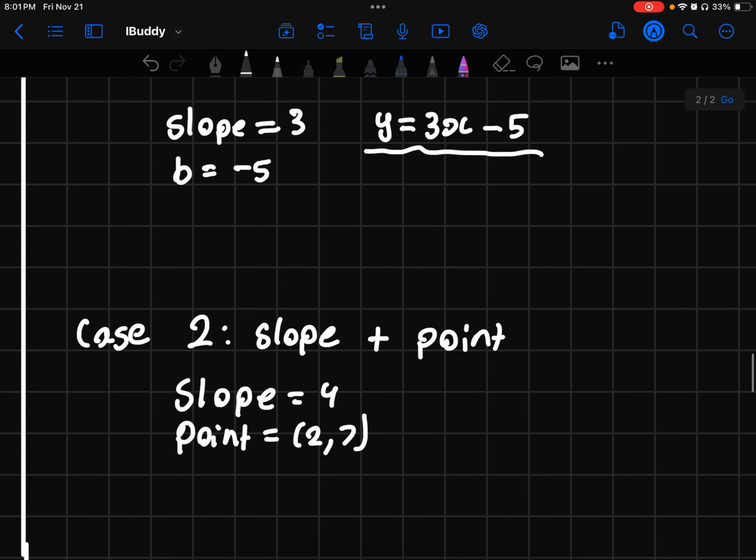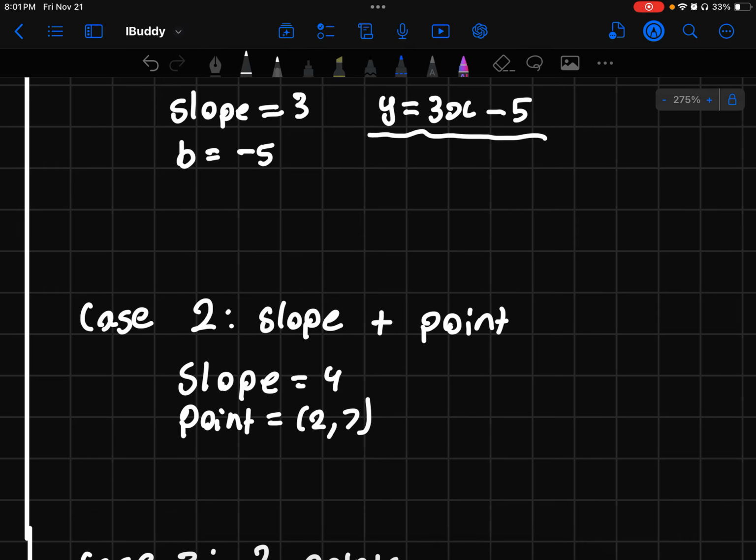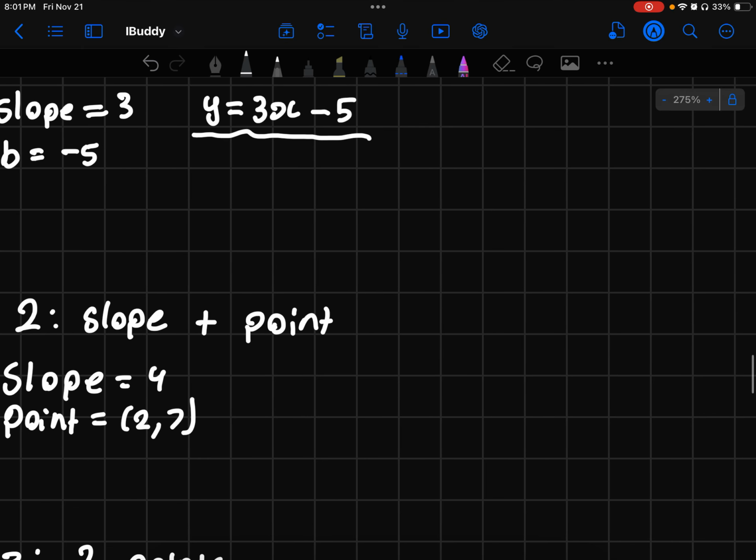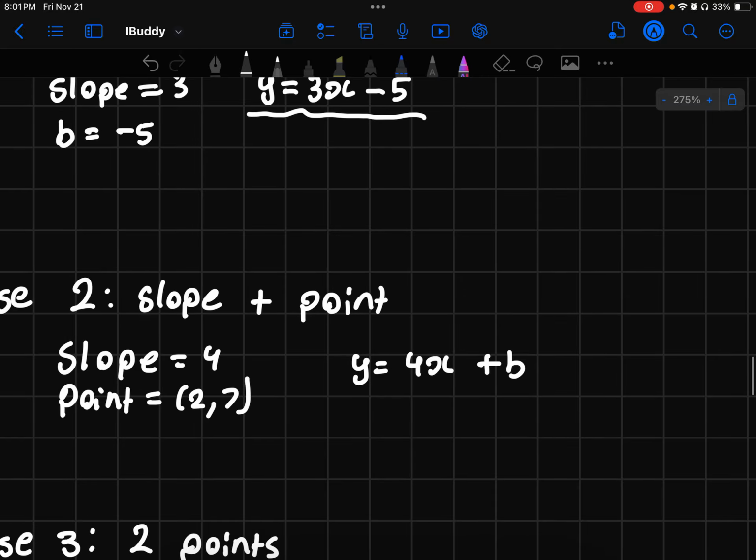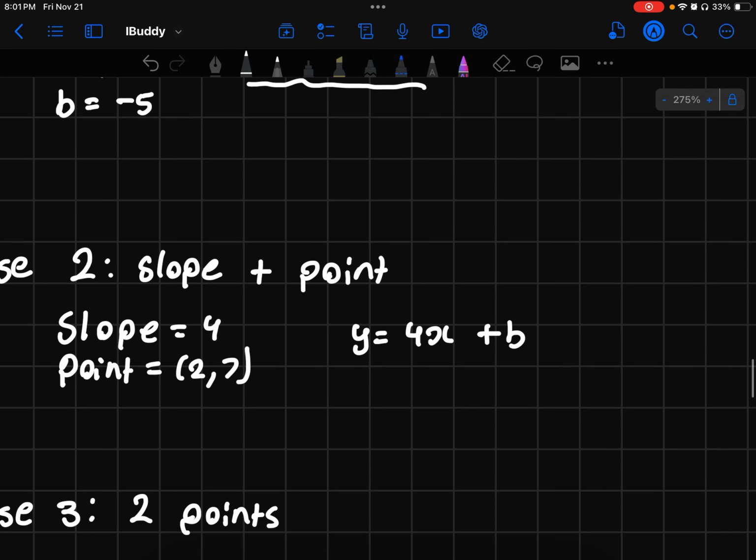Okay, case two. So case two is when you have a slope and a point. So basically for case two, you just input the slope. So y is equal to 4x plus b, and then you input the point into y and x. So 7 would go into y, and 2 would go into x, like this.